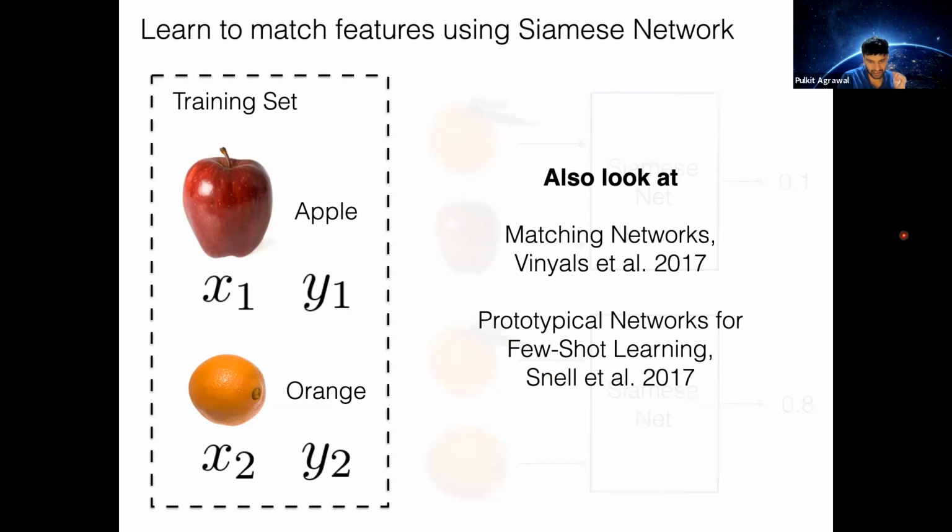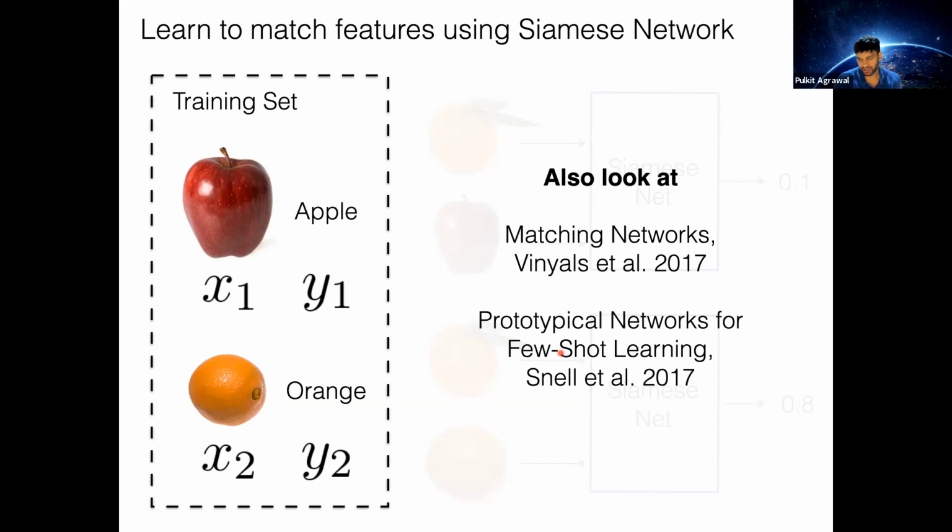These are based on the idea that we just discussed, but are slightly more nuanced versions. For example, matching networks constructs a Siamese network but uses some form of self-attention, and prototypical networks has a slightly different objective function. If you are more interested, I would encourage you to look at these works.